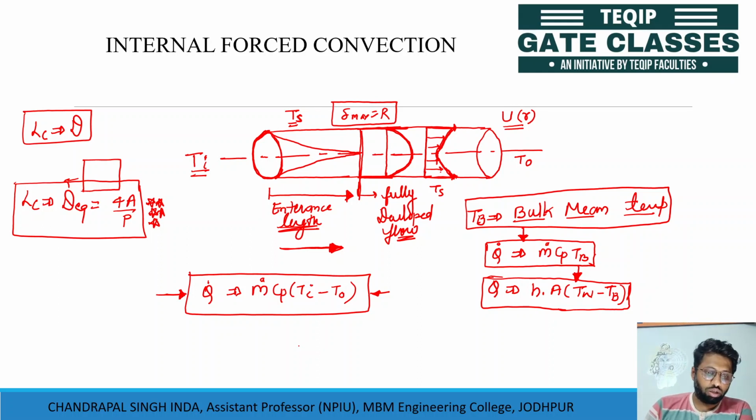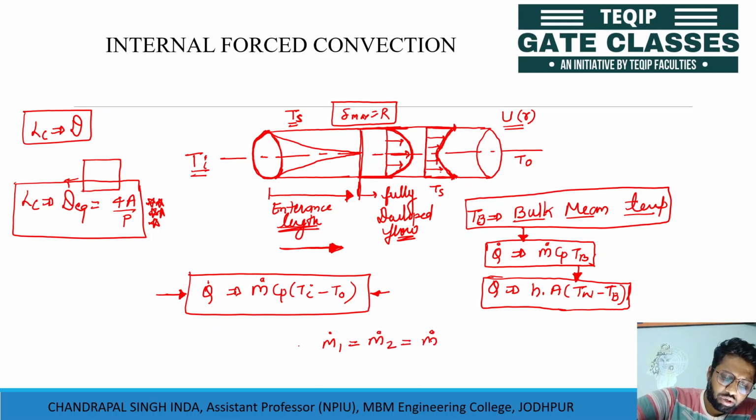Now here we can say that the velocity is also varying. So we have to find the average value of the velocity. Average value of the velocity can be found by using the continuity equation. According to the continuity equation, m dot 1 is equal to m dot 2 is equal to m dot.